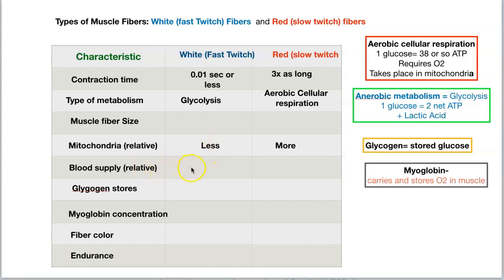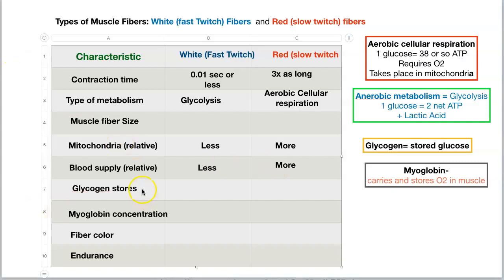So relative, the blood supply to white fast twitchers is less. To red slow twitchers, it will be more. They are O2 dependent. Always remember, the oxygen is coming from the blood supply. It's going to be a better blood supply to the red slow twitch muscle fibers.